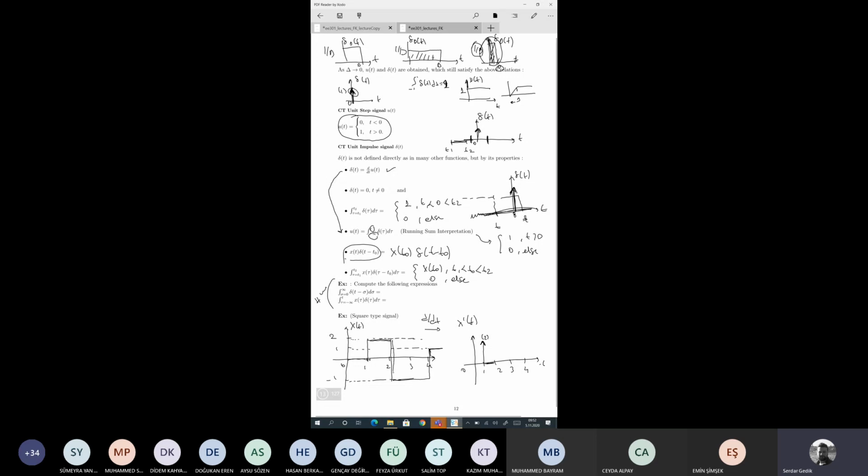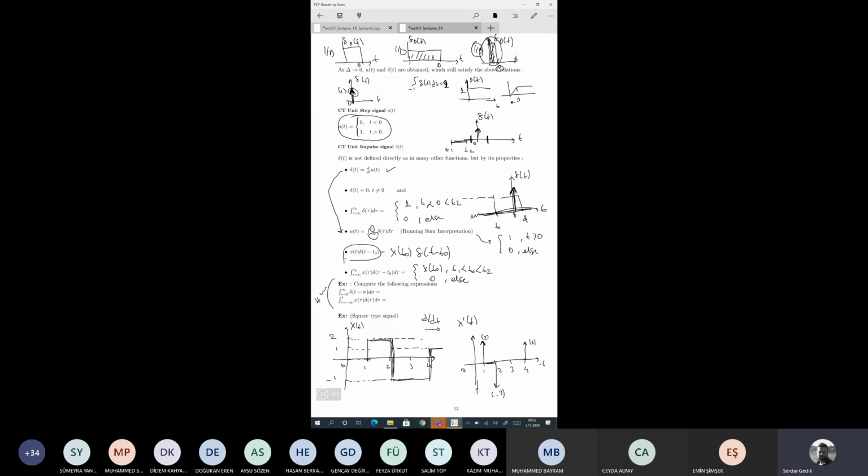Then it decreases from +2 to -1. So there's a decrease in amount 3. So I have an impulse with area -3. Then again, from -1 to 1, there's an increase. So at 4, again, I have another impulse of area 2.